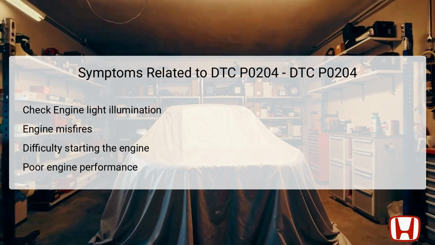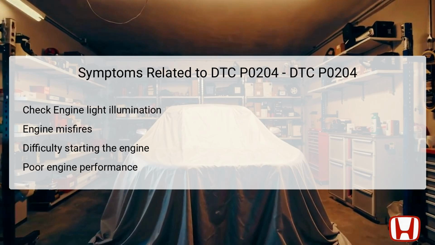When DTC P0204 is triggered, you may observe various symptoms indicating a malfunction in the number 4-cylinder injector circuit. The most common symptom is illumination of the check engine light on the dashboard, signifying a problem detected by the vehicle's onboard diagnostics.